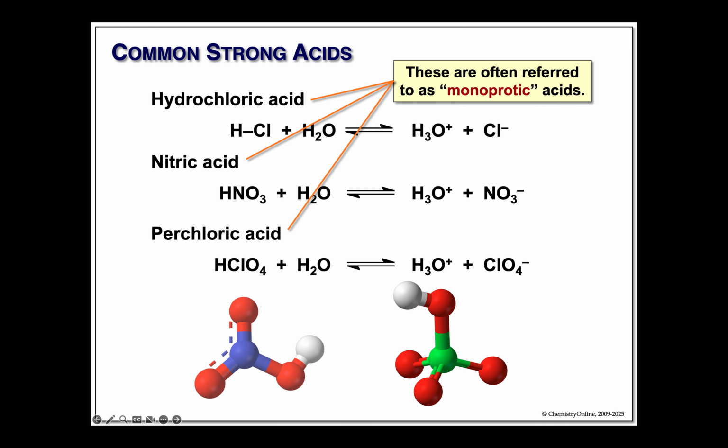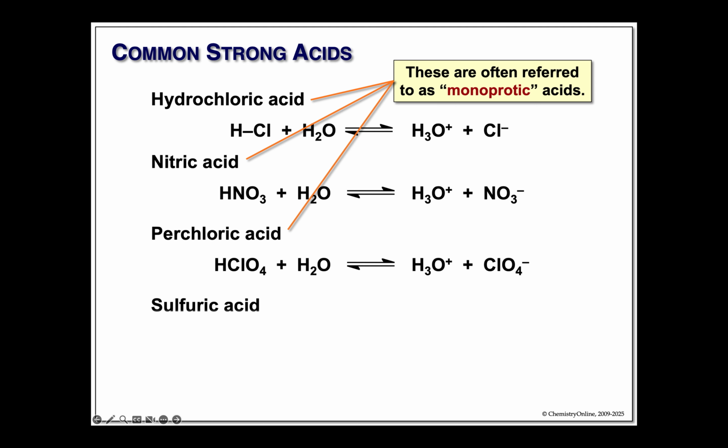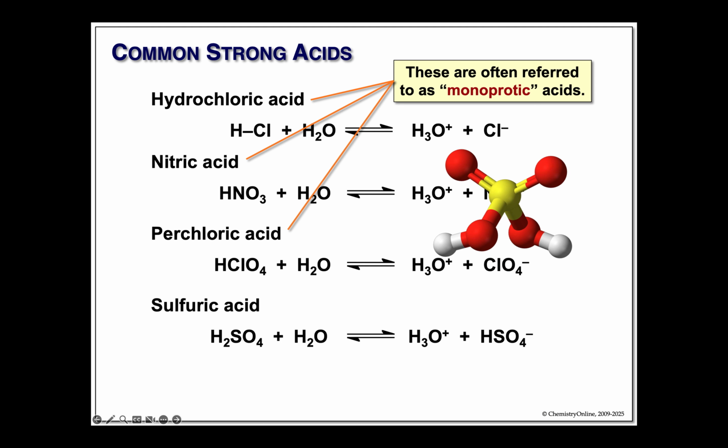Diprotic acid. Everybody's favorite is sulfuric. Again, it's sulfate, -2, 2 oxygens, they're hydrogens. Sulfuric acid can ionize in water to form hydronium and hydrogen sulfate.